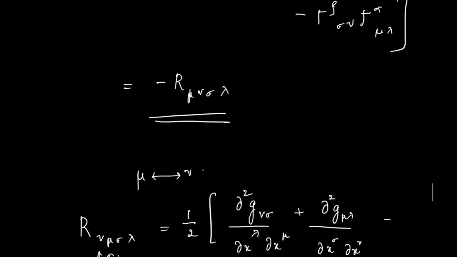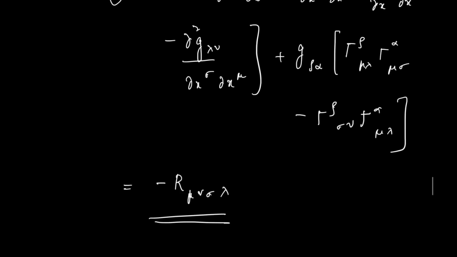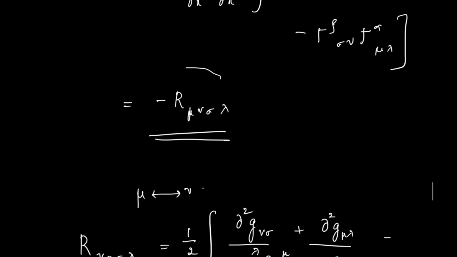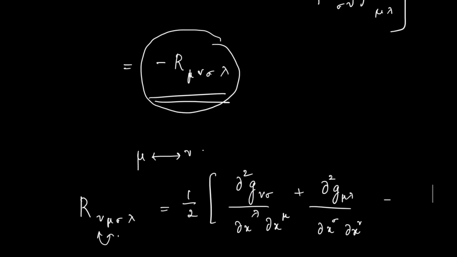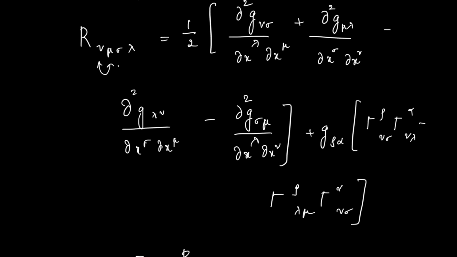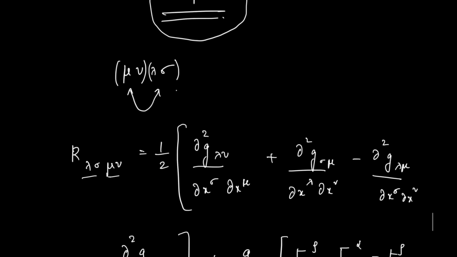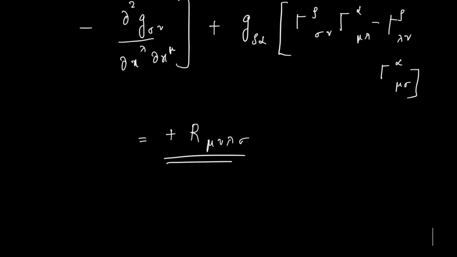Okay, so if I interchange the last two indices, then I'll get negative of the original one. If I interchange the first two indices, then I get the negative of the fully covariant Riemannian tensor. Then if I interchange pairwise, that is mu nu and lambda sigma pairwise, then I'll get the Riemann tensor itself.